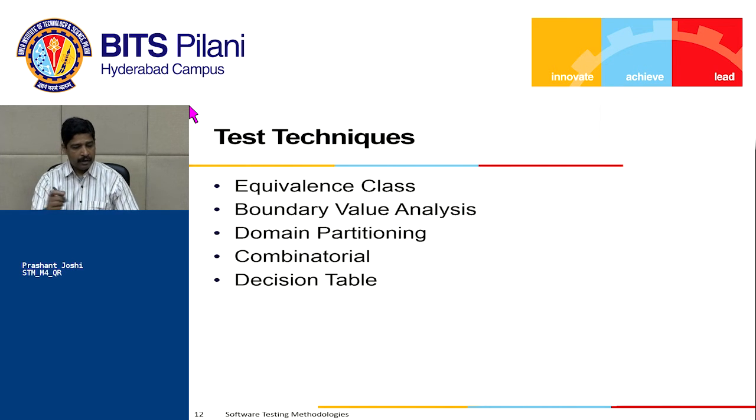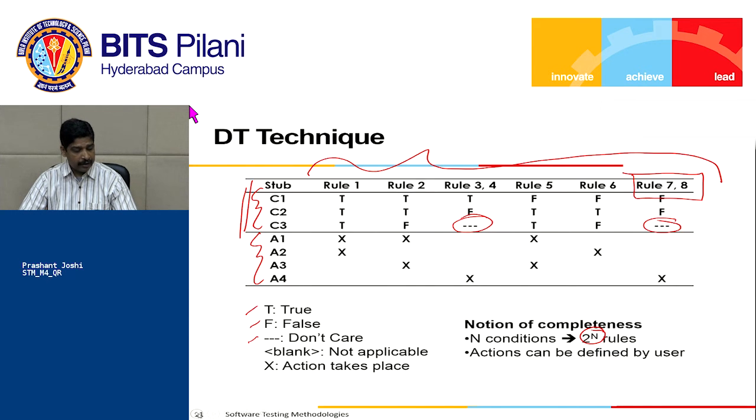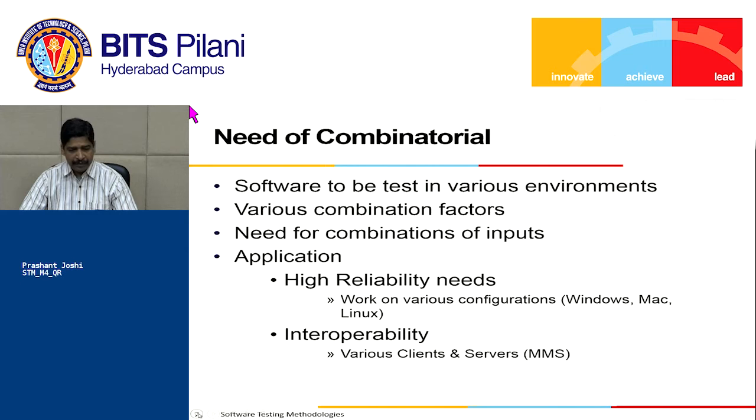And the three that we looked at in module 4 were domain partitioning, combinatorial, and decision table. And prior to this, you've already looked at equivalence class and boundary value analysis. These combined together is how one should solve the problem. And that is where we looked at a system, a fleet management system.